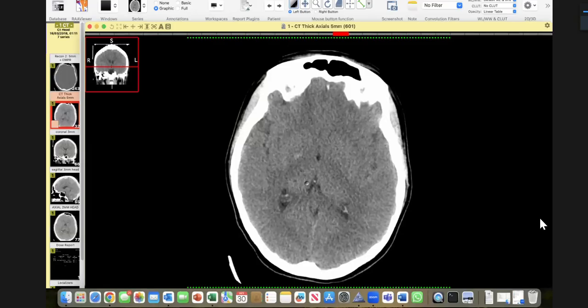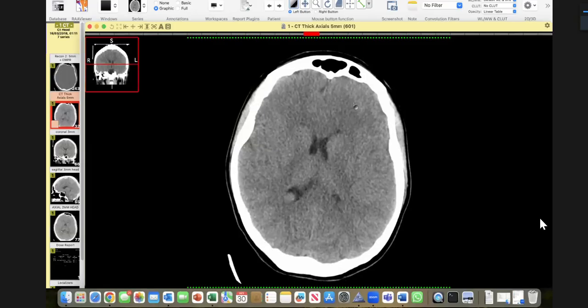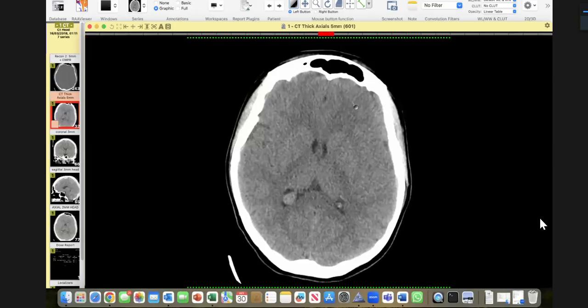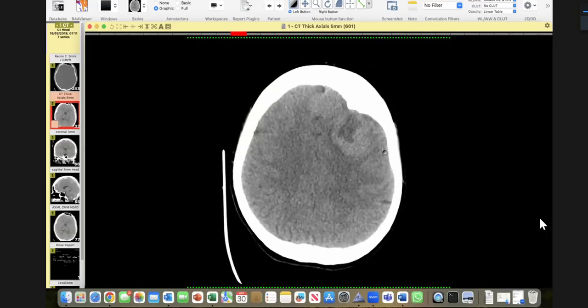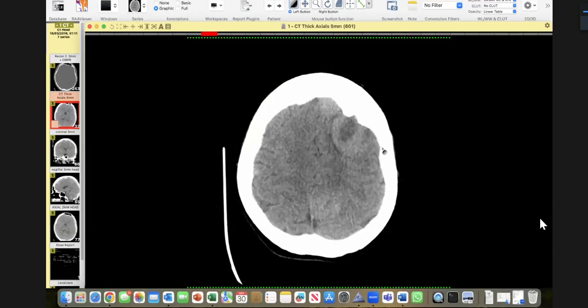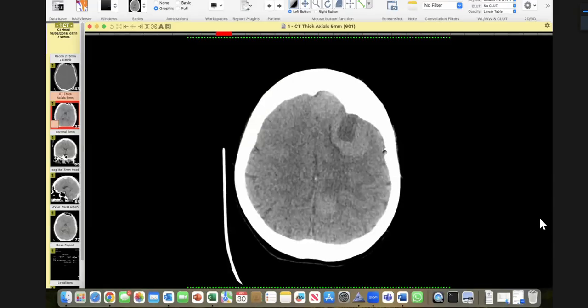One second. Where is this, anatomically speaking, where is this? Sir, this is the high density rounded focus. I was asking you, where is it location wise? Sir, in bilateral, in left high frontal regions.